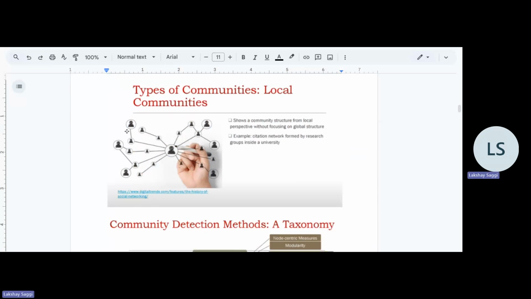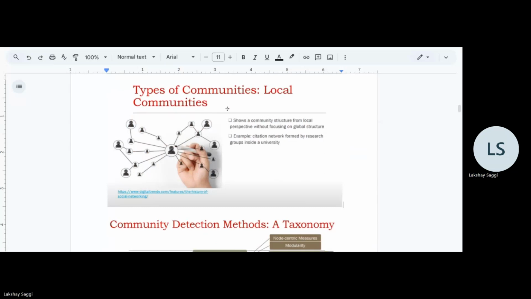These are the most important in social networks because social networks are very large in size. So usually local communities are the ones which are computationally the most tractable for us.